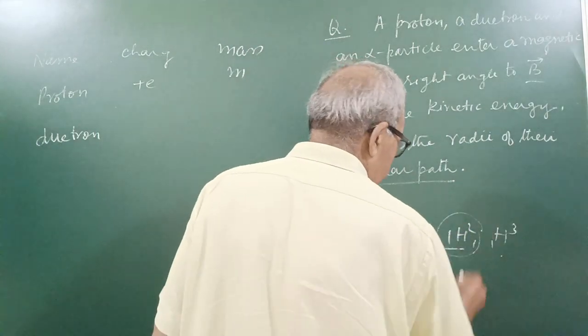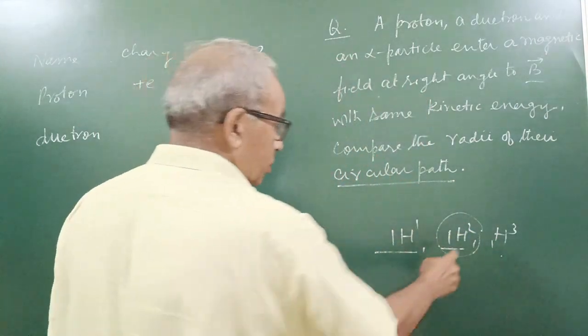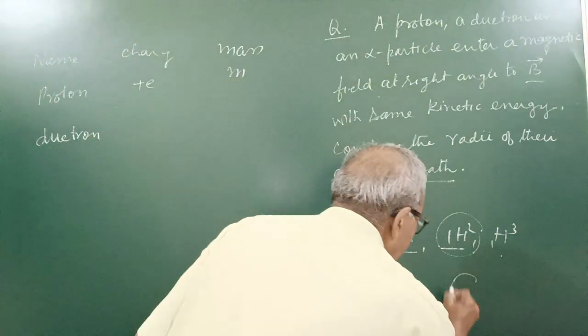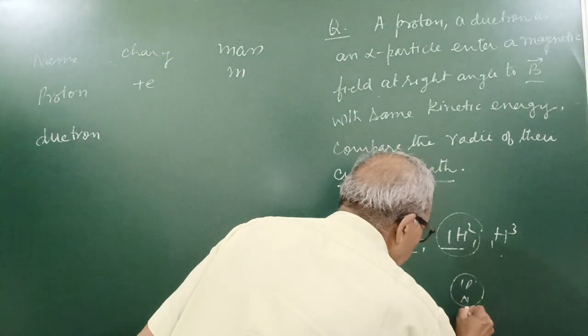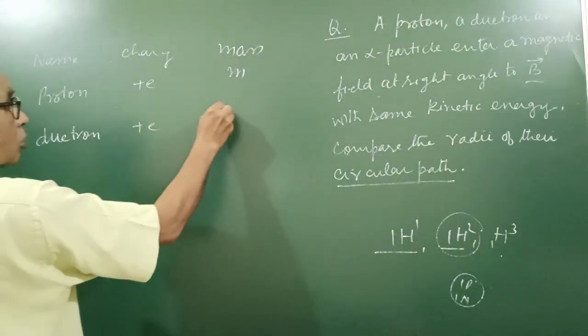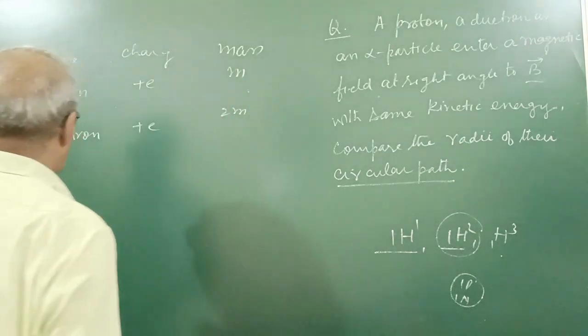The nucleus of deuterium is called deuteron. What does it have? It has one proton, one neutron. So its charge is plus e, and its mass is 2m, where m is the mass of proton.